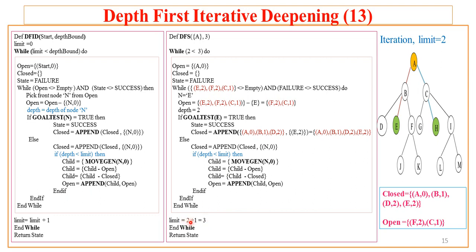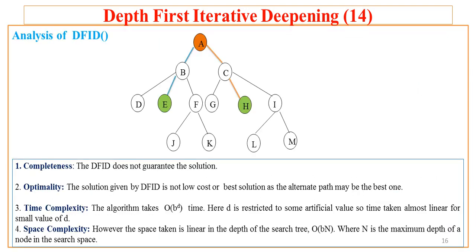After this, the next step followed by the algorithm is it increments the limit value. Now the limit value will be 3. Now with this, it checks the while condition.